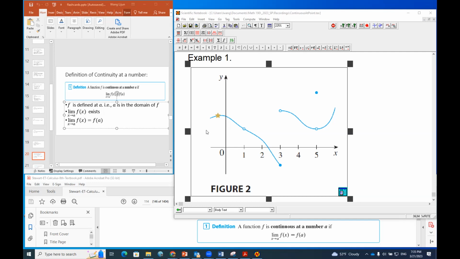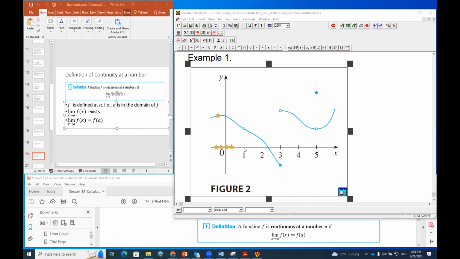So when we check continuity, we will check these three conditions in that order. Why? The first one is the easiest to check. If you look at the point here, this is the star, and the star is defined. And the limit, you can just plug in. And it's continuous at this point.